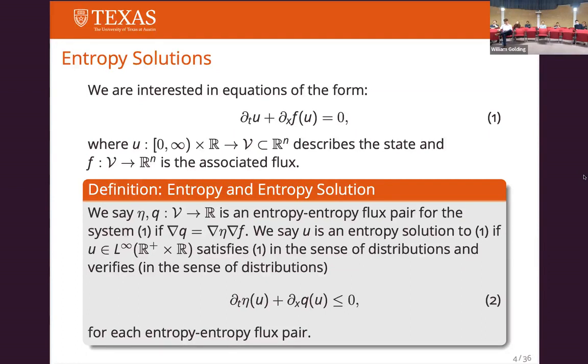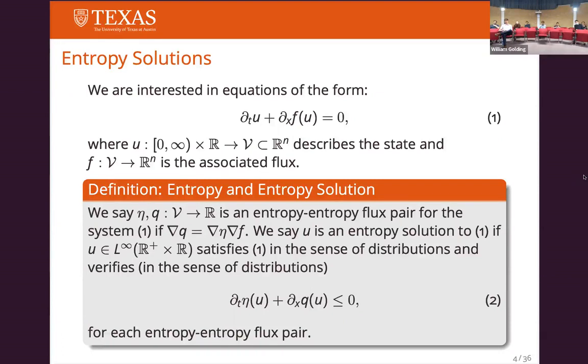And it's known that weak solutions to this are very bad if you don't impose other constraints. So what you actually look at are what's called entropy solutions. An entropy is a function eta such that when I take the gradient and multiply by the gradient of the flux, this has a potential.